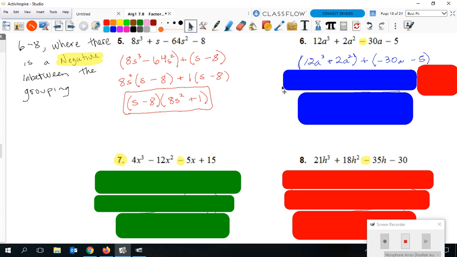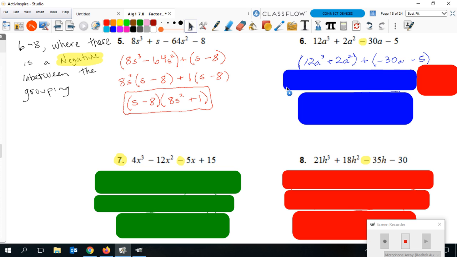Now when we want to factor out our GCF from the first group, we're going to factor out a 2 and an a squared. But when we factor out the GCF here, we're going to factor out a negative along with any other GCF number. In this case, 5 can come out of 30, but it's going to be a negative 5. We want to factor out a negative because we want this first term to be positive.